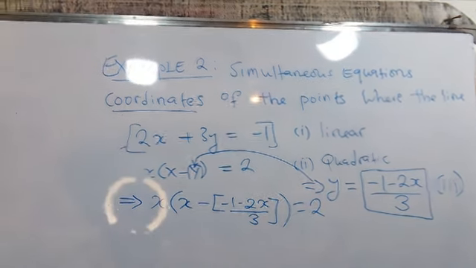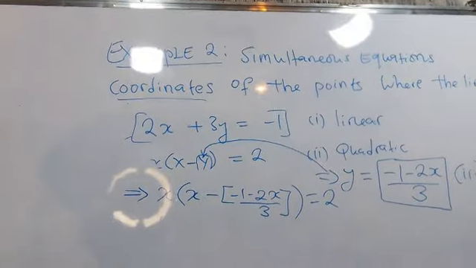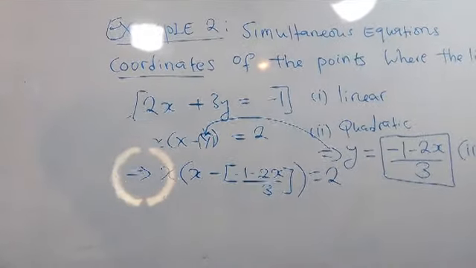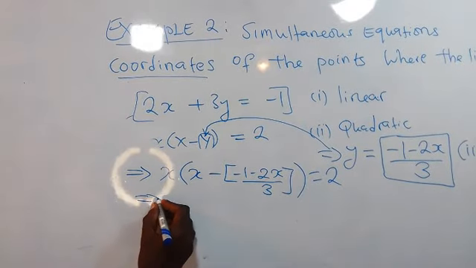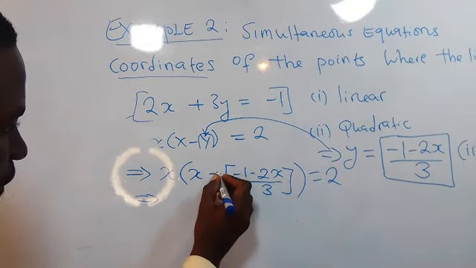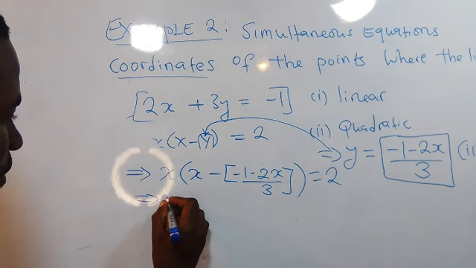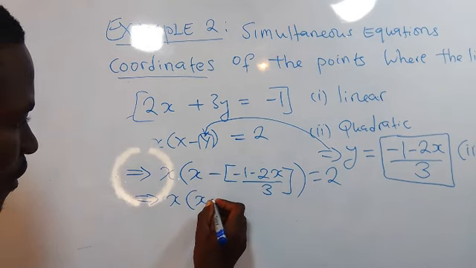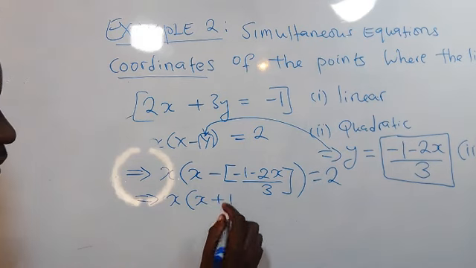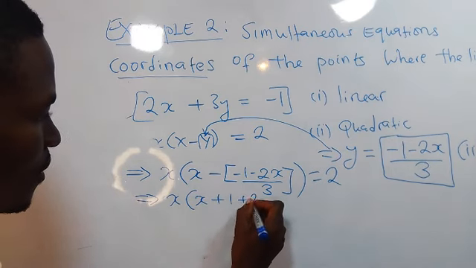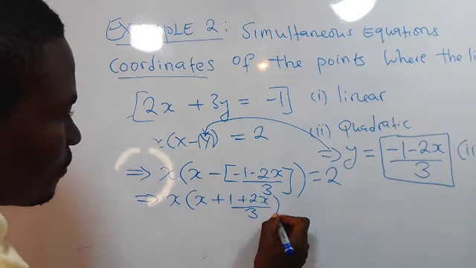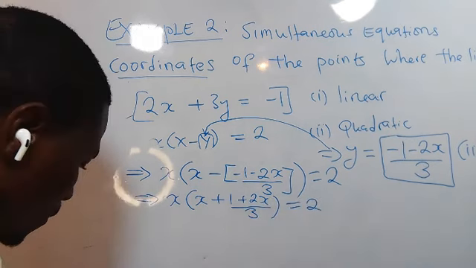Now from there, what you can do is simplify the signs. So x, open bracket, x, this is a plus 1, then this is a plus 2x, and so on, equals 2.